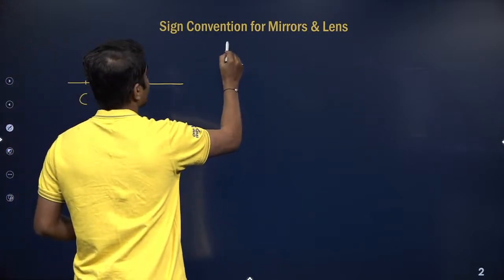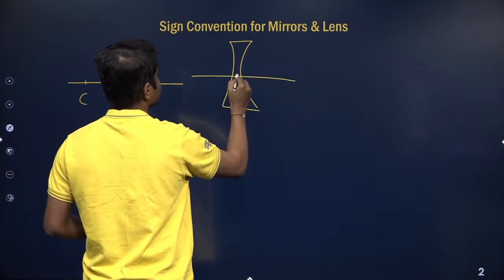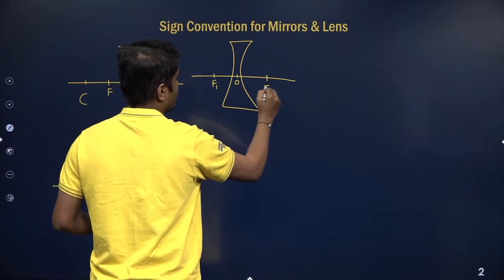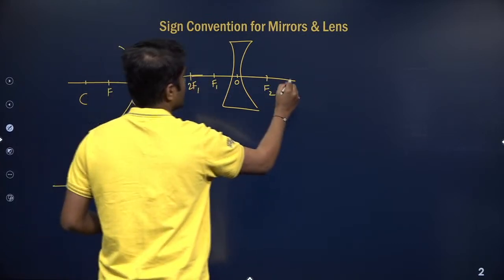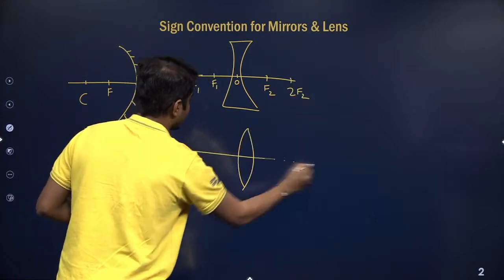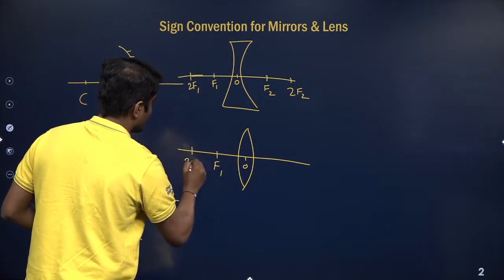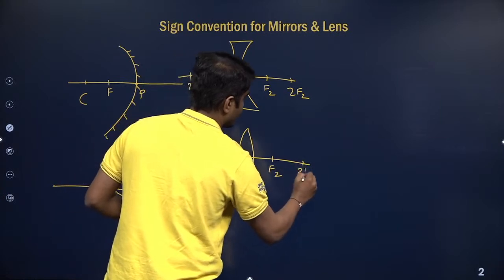One is the concave lens, so this is the optical center. We have here f1, f2, there is 2f1 and 2f2. Then we have the convex lens: optical center, f1, 2f1, f2 and 2f2.